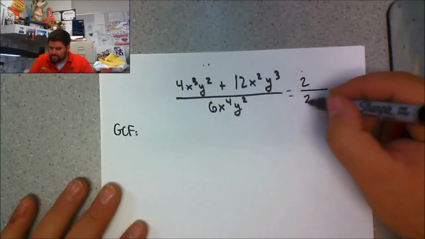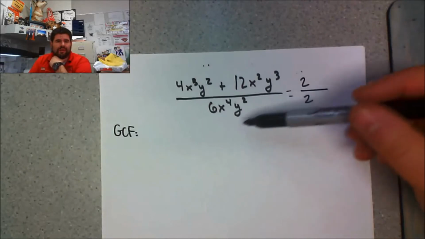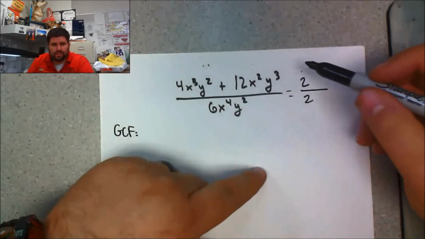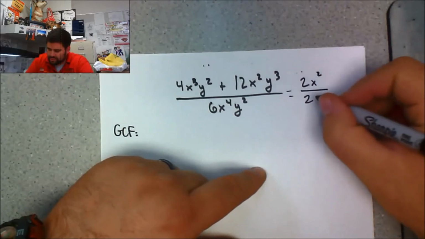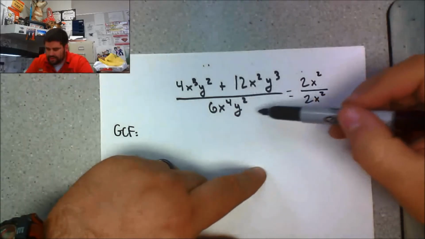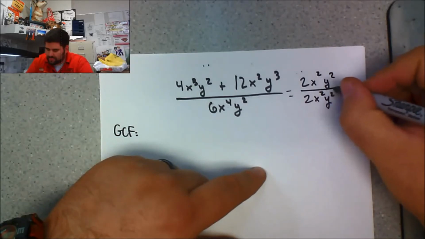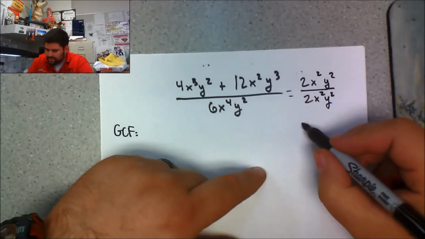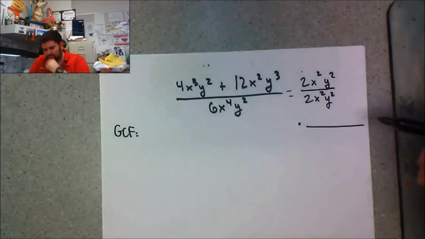So I'm factoring out the 2, and then I'm looking for what else they have in common. In this case, they're going to have some x's. The most x's I can take out is x squared, and then y squared. I'm going to put the rest down here because it's going to be a big expression.